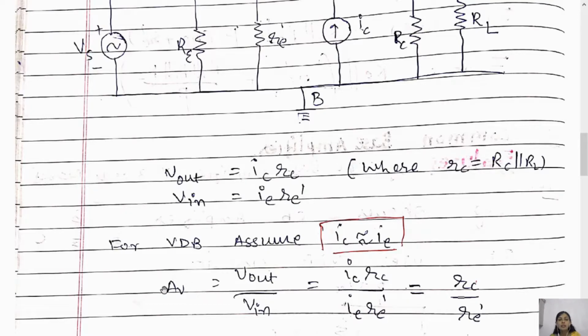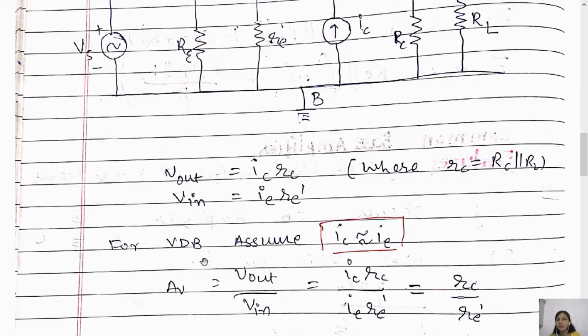Now let's define the voltage gain. Voltage gain, denoted by AV, is equal to output voltage upon input voltage; that means it is the ratio of output voltage to input voltage. Just put these two formulas, equations 1 and 2: V output here, and in the denominator V input.